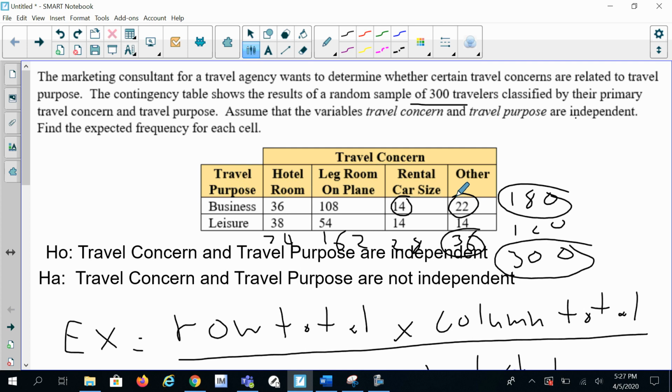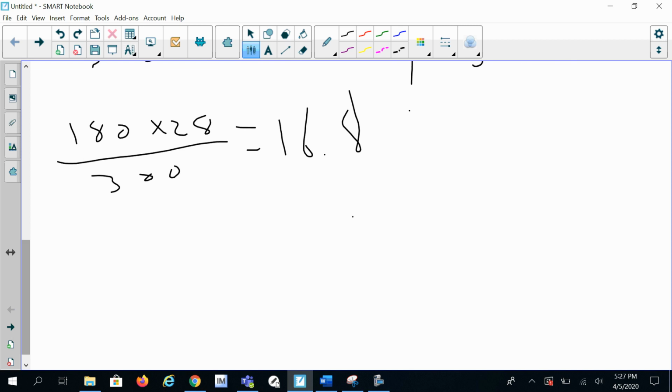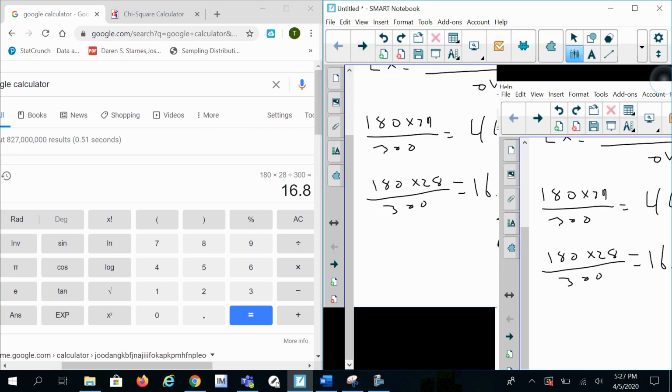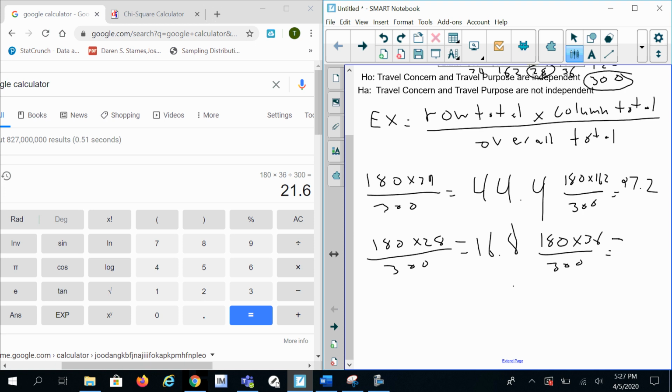So 180 times 36 over 300 is 21.6. So these are the expecteds for the first row.